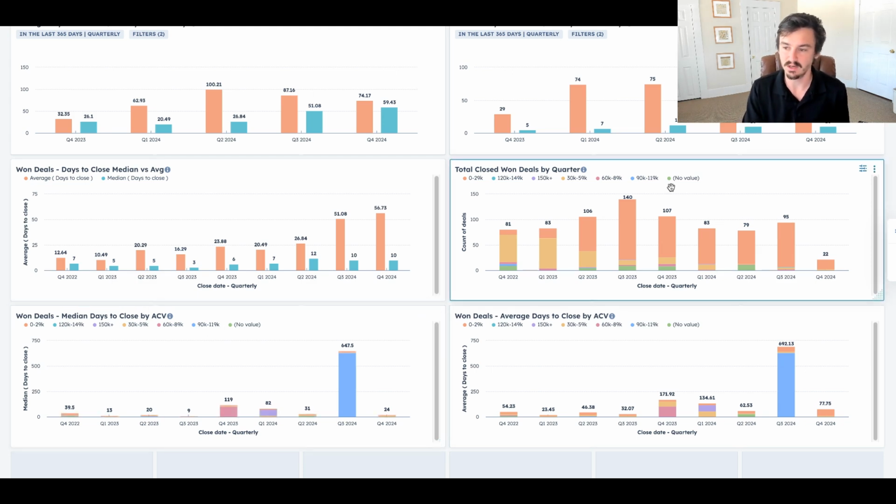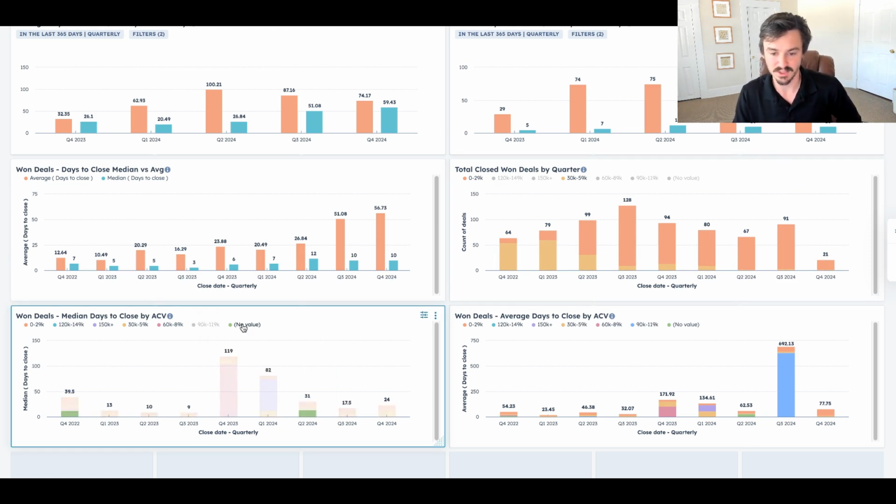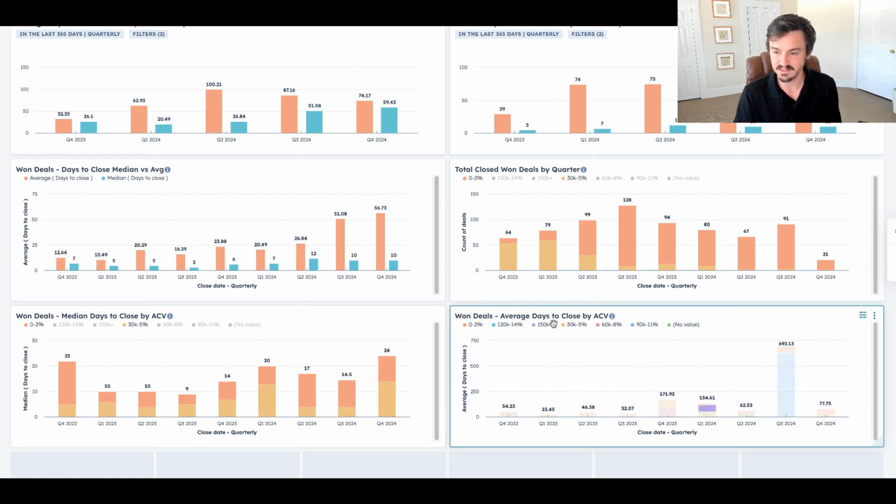Since we know that 90 to 119K, 150K plus, and 60 to 89K are not significant buckets of deals we're selling into, we're going to uncheck these on this chart as well so that we can see what's going on with just the 0 to 29K and the 30 to 59K deals. Now we can see this is the distribution for the median days.